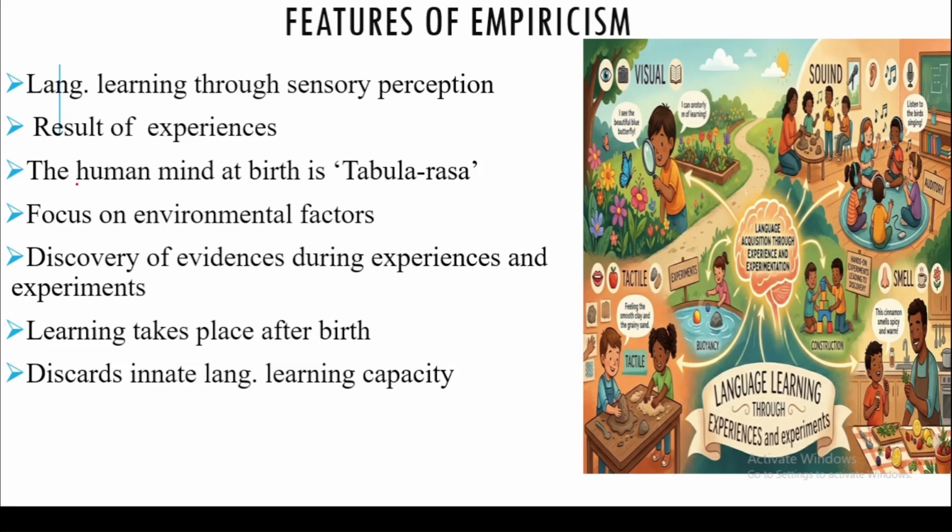And the main thing that the empiricism theory of language learning regards is that a human mind at birth is tabula rasa. So a human mind at birth is a blank sheet of paper. Tabula rasa means a blank sheet of paper.